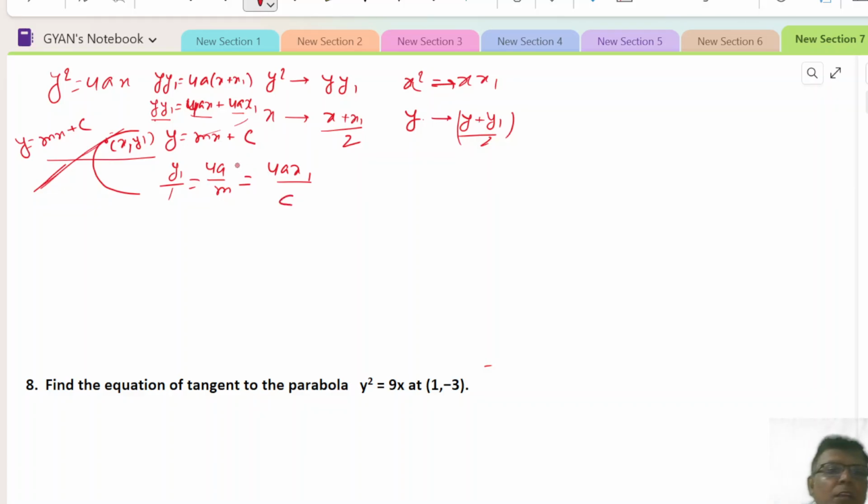Then m is equal to 2a by y1 and c is equal to 2a x1 by y1.